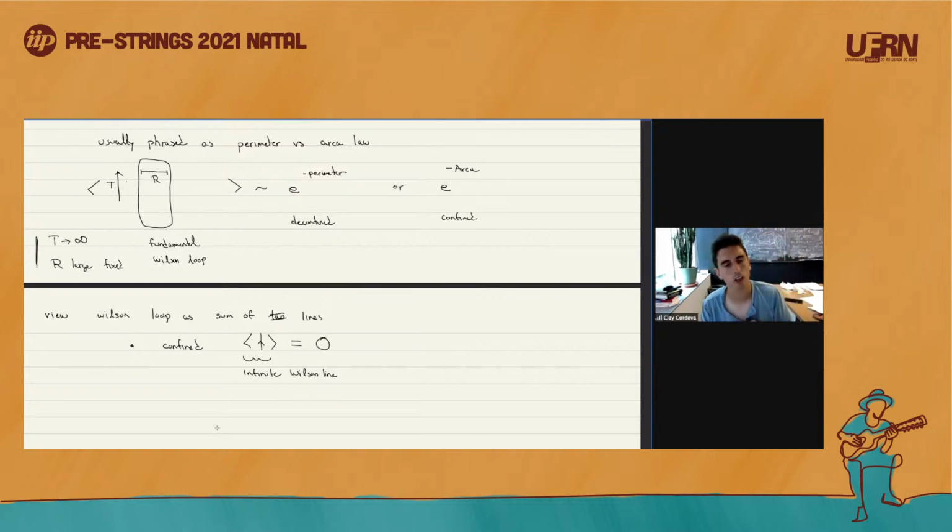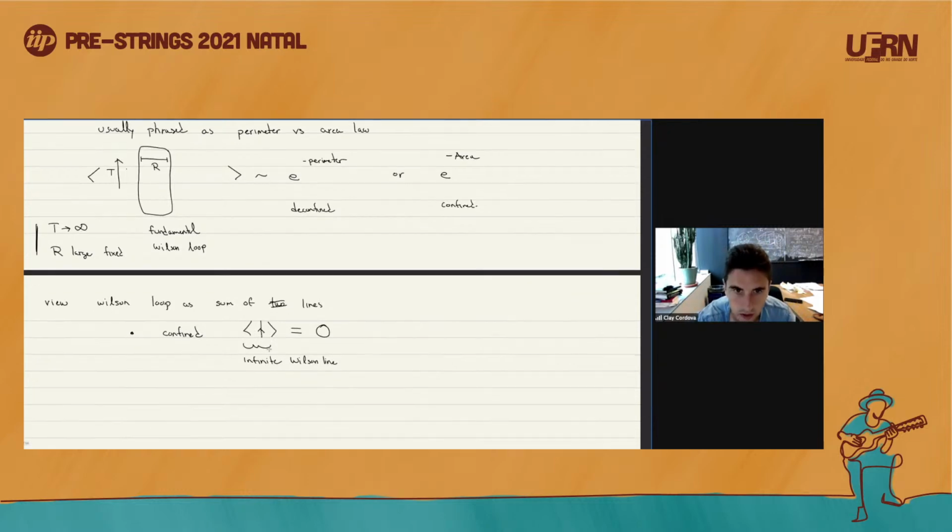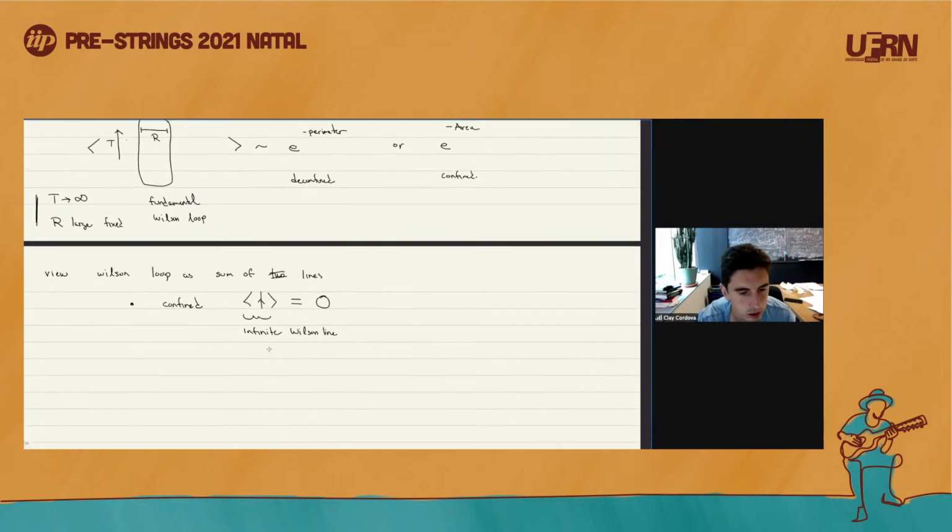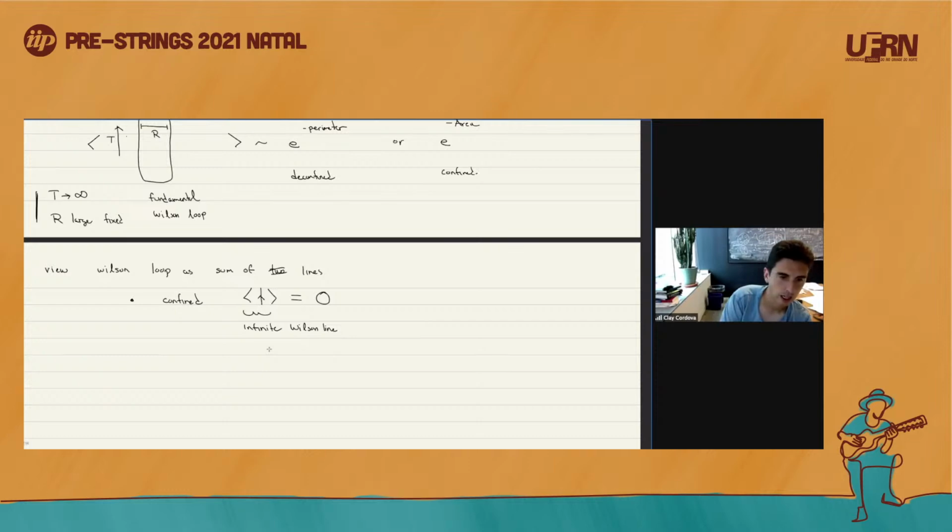If you think about confinement in terms of an infinite Wilson line, it means that the expectation value of that is 0. And in the deconfined case, it means that the expectation value of this infinite Wilson line is not 0.